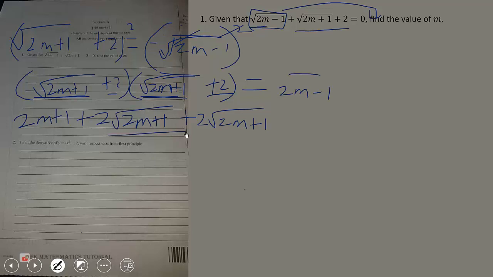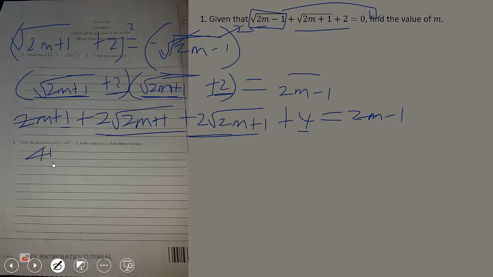Then this times this will give us plus 4, is equal to 2m minus 1. So 2 of this plus 2 of this will give us 4 of that, and the 2m will cancel the 2m here. Then we have 1 plus 4 here, so we get 5.